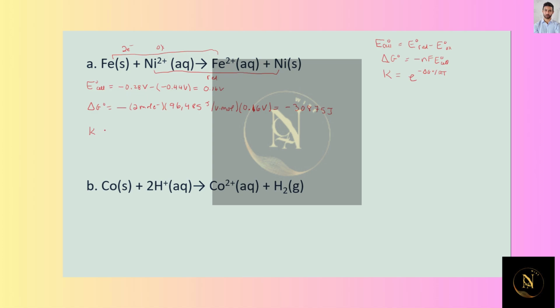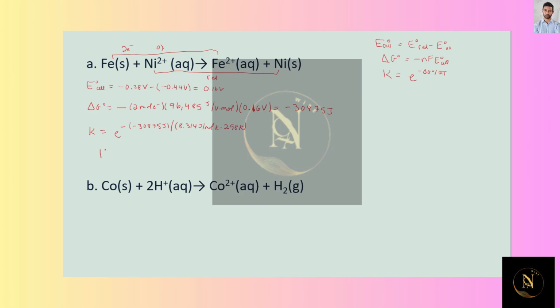And finally, K is going to be equal to e to the negative delta G, so e to the negative 30,875 joules, divided by R, which is 8.314 joules per mole Kelvin, times the temperature of 298 Kelvin.